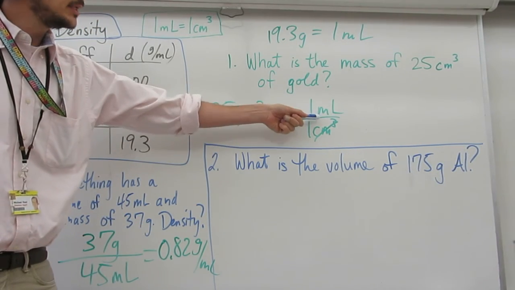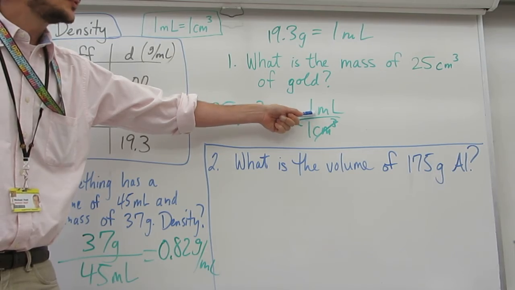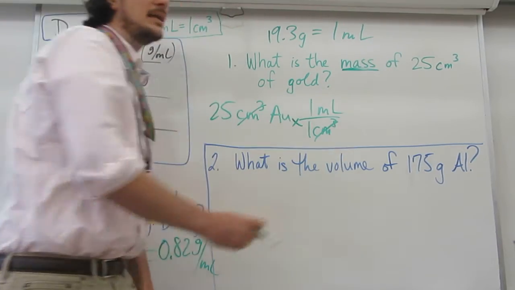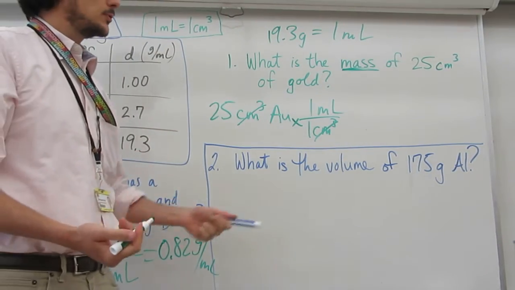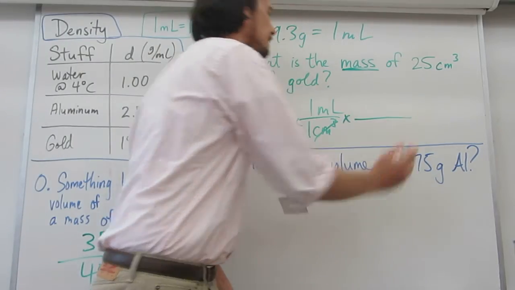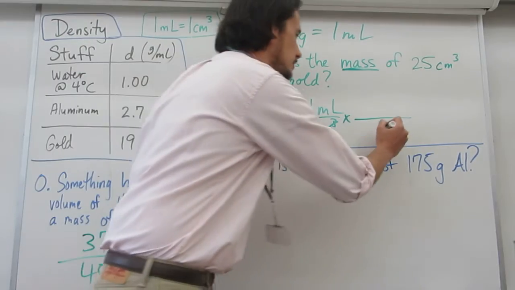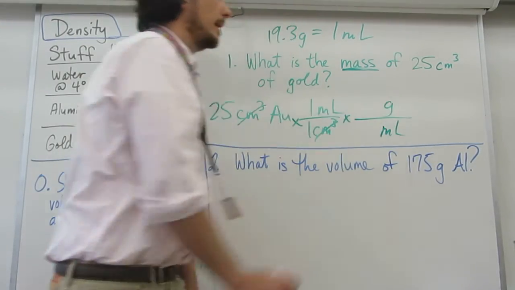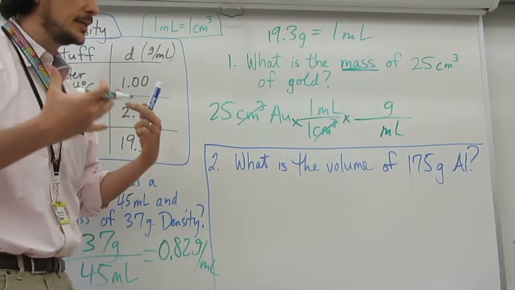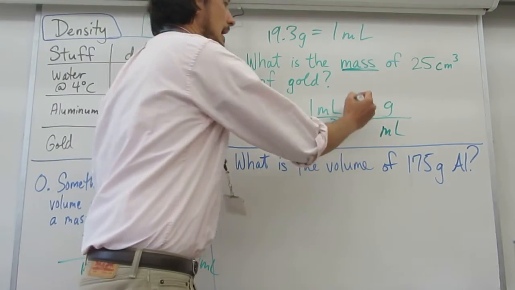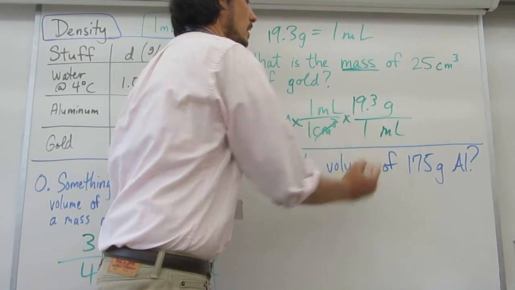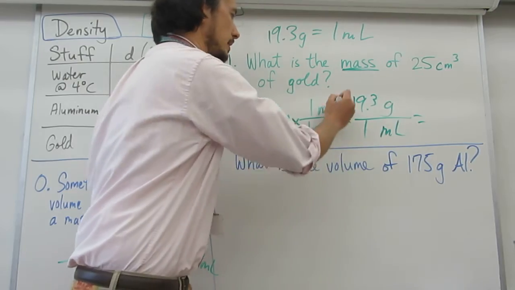I'm trying to figure out the mass, so I need grams as my final unit. So I'm going to cancel out milliliters: milliliters goes in the denominator and grams goes in the numerator. I'm thinking about unit analysis as I do this, 19.3 per 1, and now I'll get my answer.